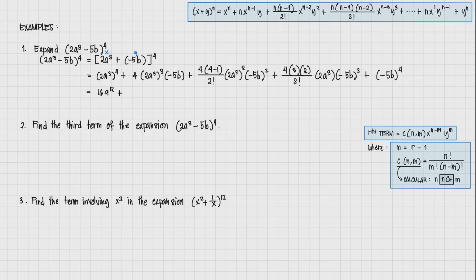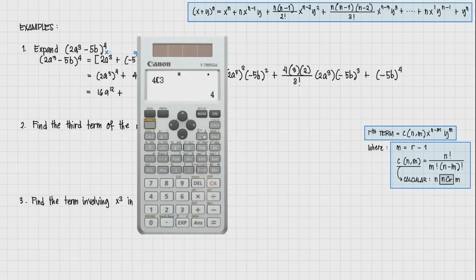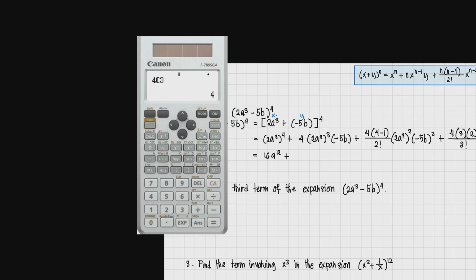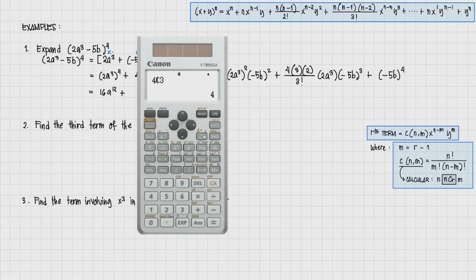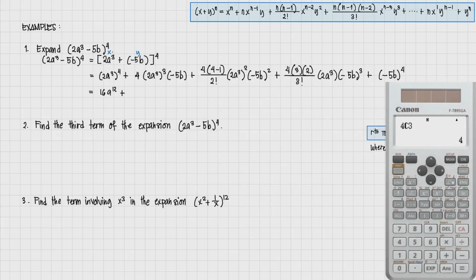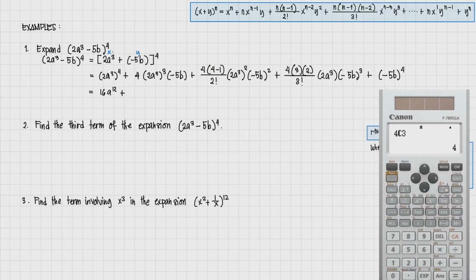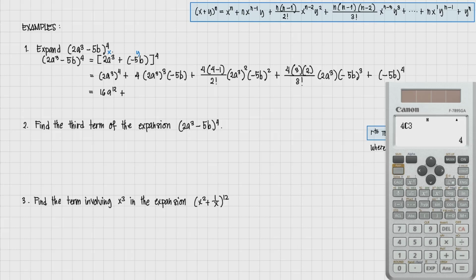Maybe we should use our calculators here. So let's move our calculator dito sa baba.